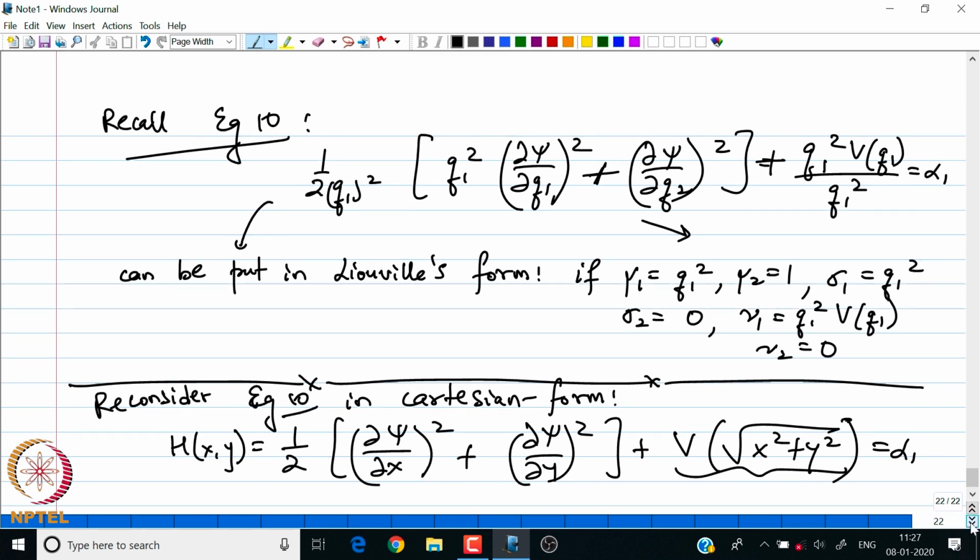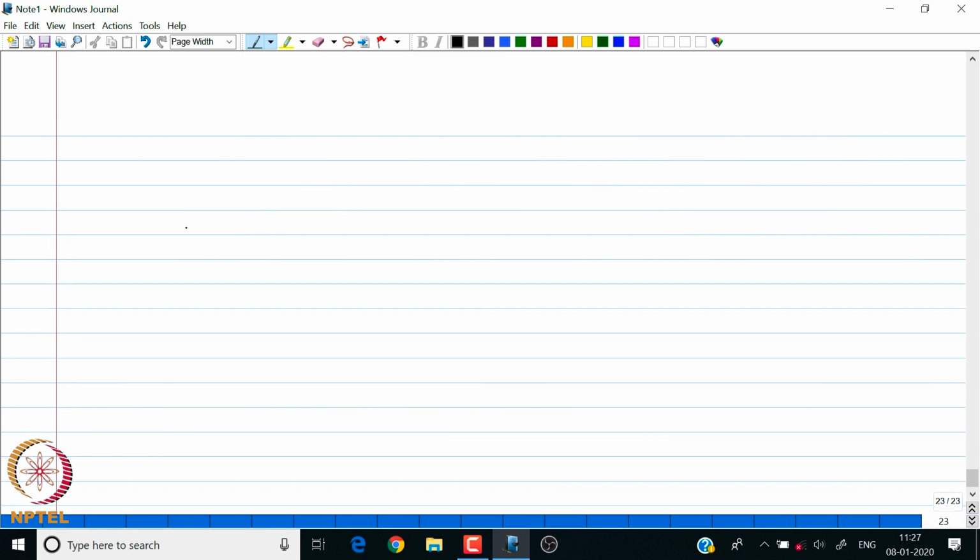So finally, let me write down this statement. What I said in this example is the following.